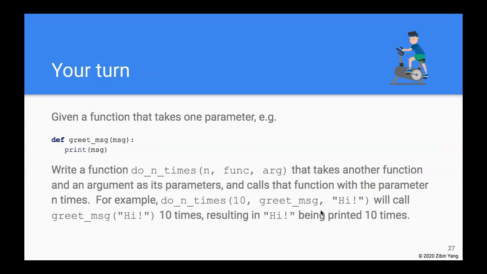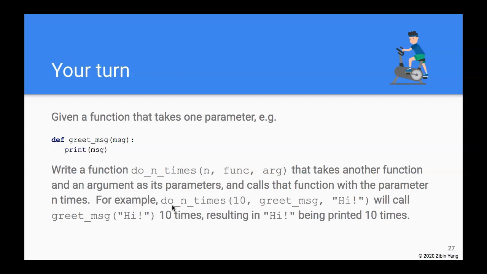Now let's do something slightly more complicated. Given a function greet message, which takes a message as a parameter and just prints it out, we write a function similar to do twice, but we want it to be able to do it n times. It takes a function as a parameter, the argument to that function as another parameter, and n, the number of times to repeat that function.